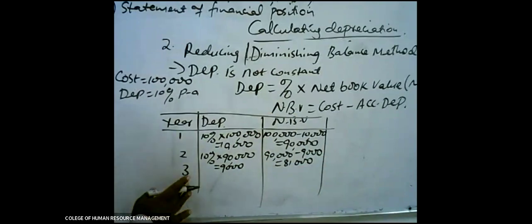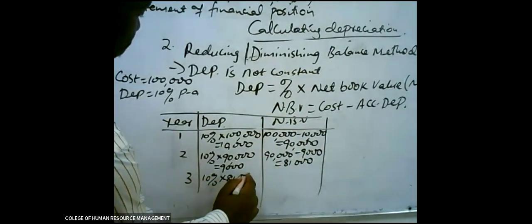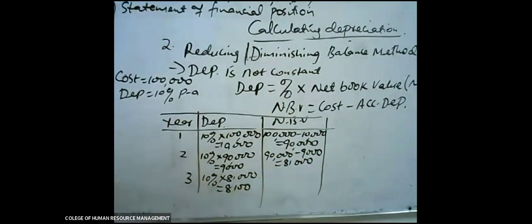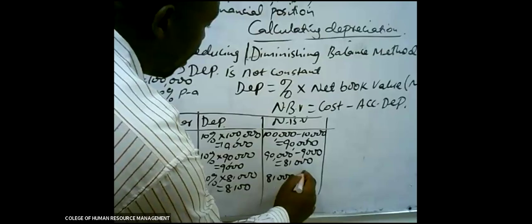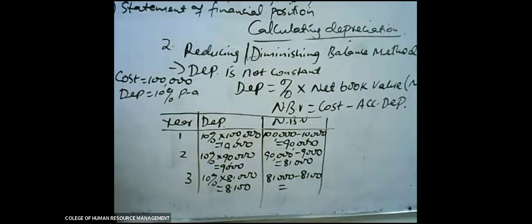When you go to year 3, depreciation will be 10% times 81,000, which will give you 8,100. So the net book value will be 81,000 minus 8,100. That is how we do it under the reducing balance method. Depreciation is not constant.